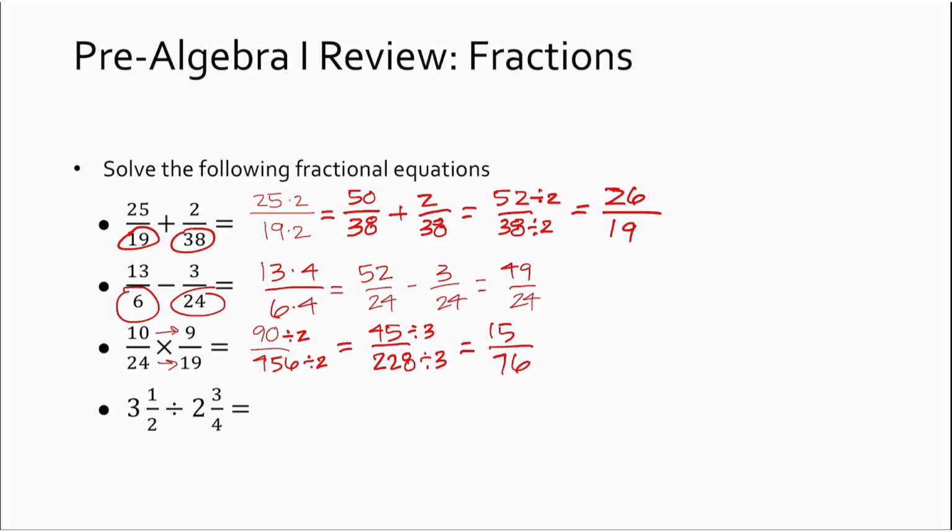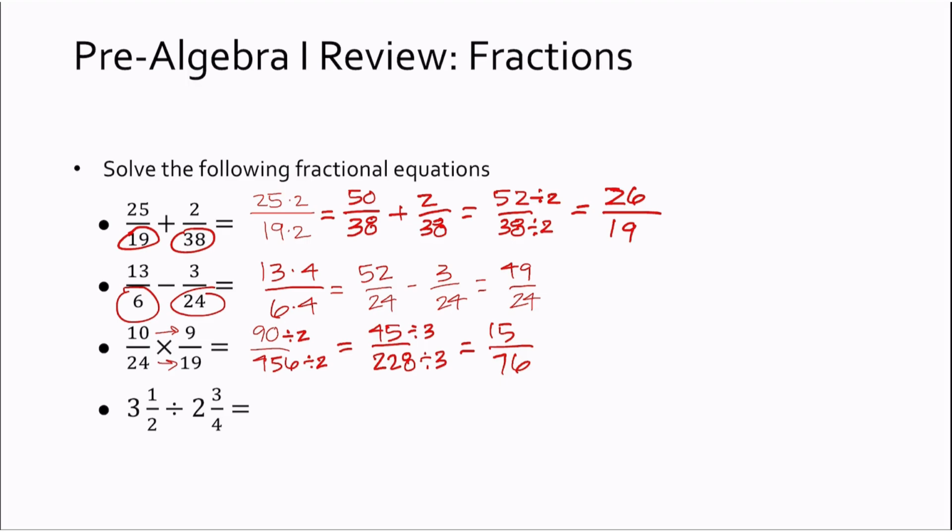And then with this last one, I'm dividing two fractions. So the first thing I'm going to do here is convert these mixed numbers to improper fractions so that it's easier to work with them.